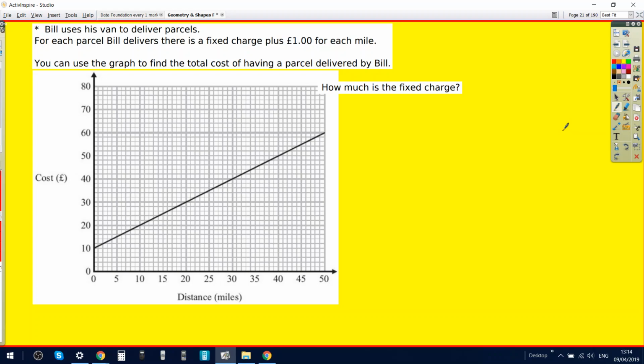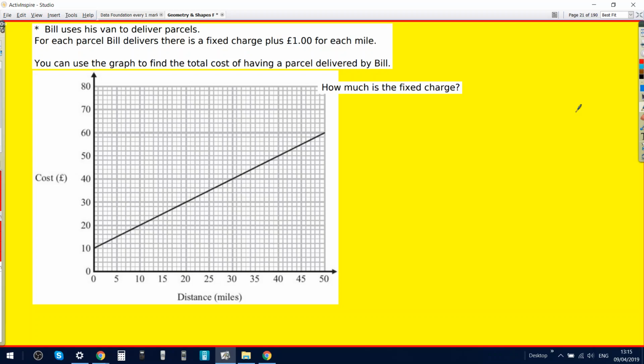How about this one? Mile. How much is the fixed charge? It's £1, isn't it?